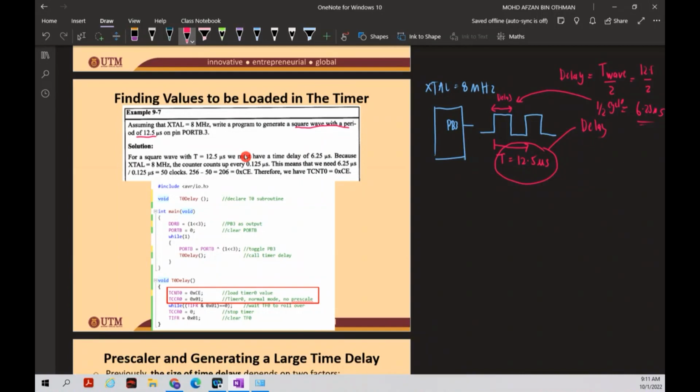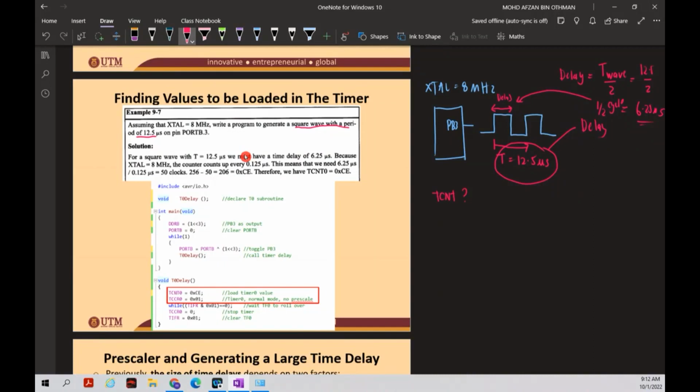This is the information that you get from this question. From here, we already have our delay. Now we are going to find out what the TCNT is, because after you get the TCNT value, then you can proceed with this program.